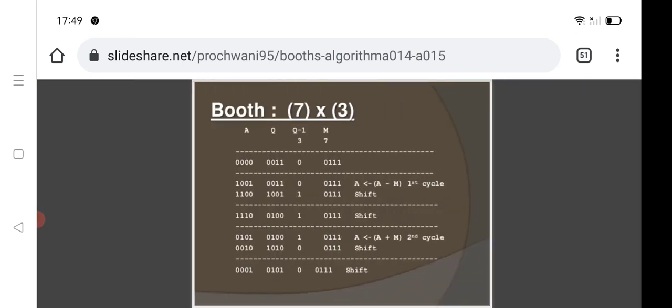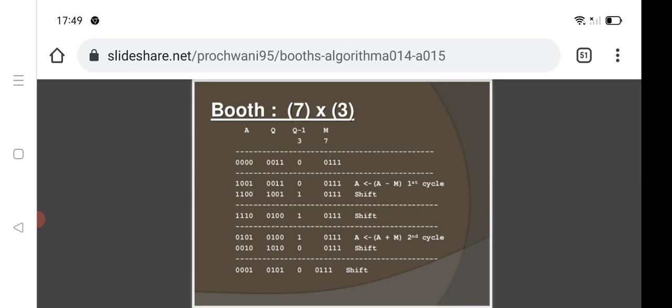So if you see here, the values are there in A, Q and Q minus 1. What is my value for 7 threes are? 7 threes are 21. Looking at the A and Q register value here, it is 0001 0101. Here the Q value is 5, and the A value, the fifth bit, is 16. 16 plus 5 is 21.